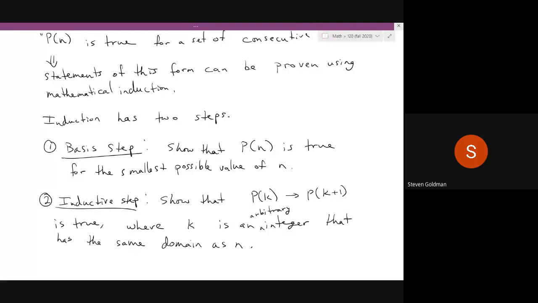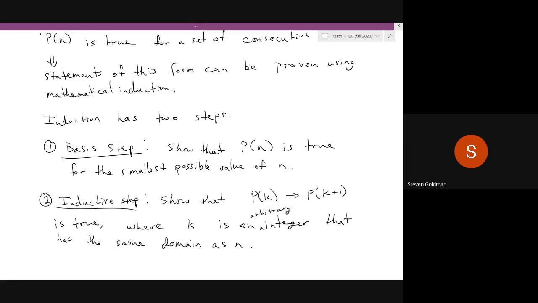The inductive step tells me that when P of 1 is true, the next case, P of 2, also has to be true. And once P of 2 is true, apply the inductive step again, P of 3 has to be true. If you make k 2 now, then k plus 1 will be 3. And once 3 is true, apply the inductive step again, 4 is true, and so on and so forth. This goes on forever and ever, up to infinity.